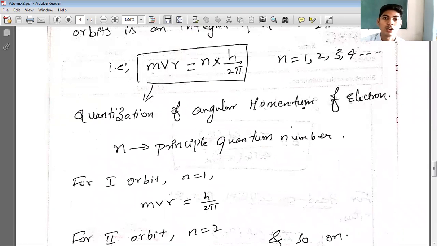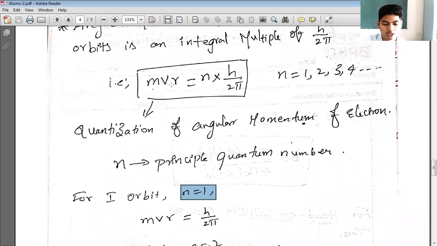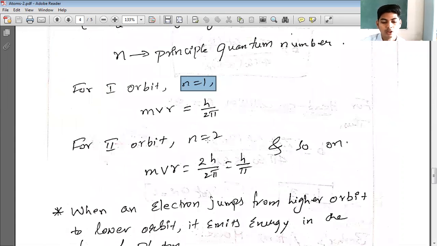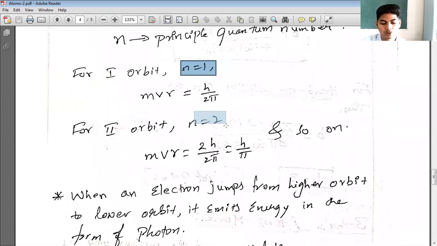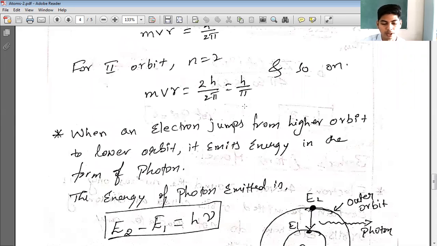Now, what will be the angular momentum of the electron in the first orbit? For the first orbit, the principal quantum number n is 1, so mvr equals 1 into h by 2π. For the second orbit, n is 2, so the angular momentum must be 2h by 2π, where the 2 and 2 cancel, leaving h by π, and so on.